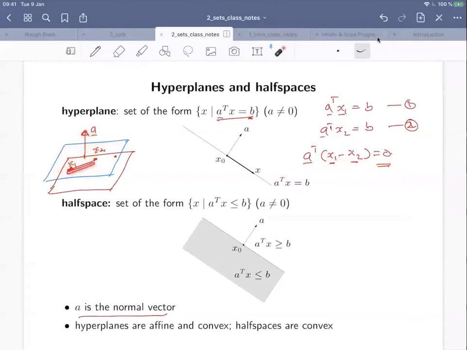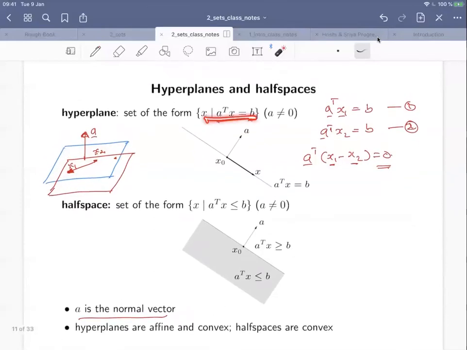So if you take any line in the plane, then that is perpendicular to the normal vector. So this plane is called a hyperplane. Why? Because a plane can be two-dimensional, or this plane can live in any higher dimension. For example, we have a 10-dimensional space, and then we can define a plane there. So this is called a hyperplane. Okay, so this is the definition of a hyperplane.